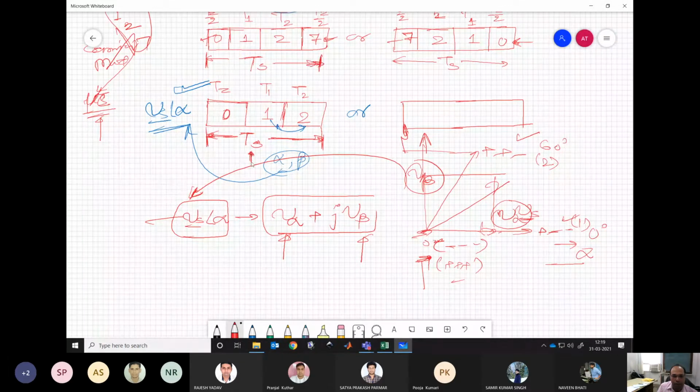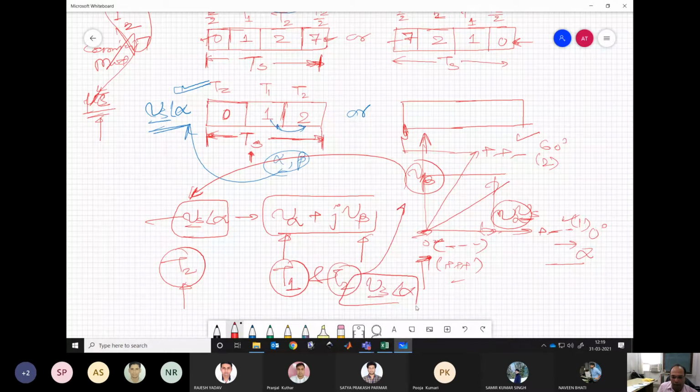If you wish to change Ts, what you need to do? You need to change Tz. T1 and T2 are fixed. T1 and T2 are decided by Vs, what is needed to be realized. The remaining time you are spending, Tz, you are spending for having a constant Ts. Is this clear?